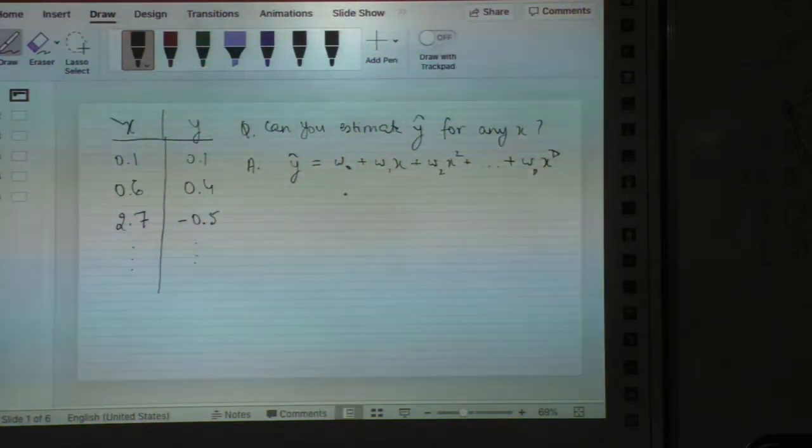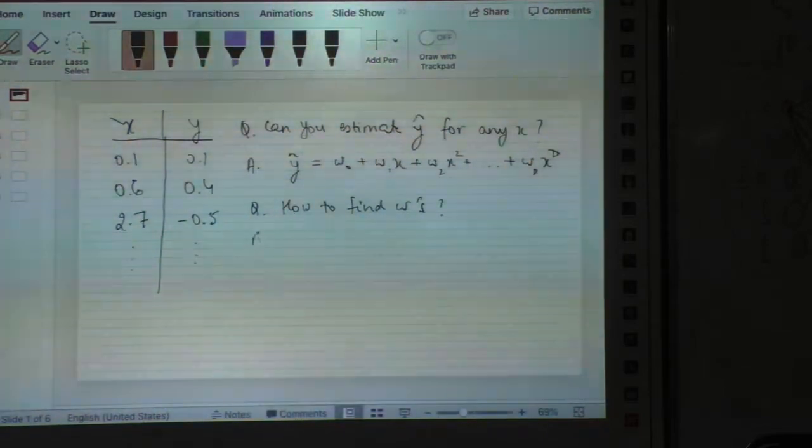That's what we discussed. And then, how to estimate the w's.